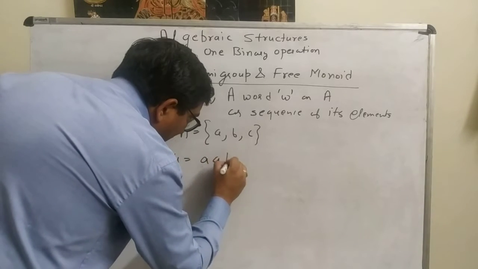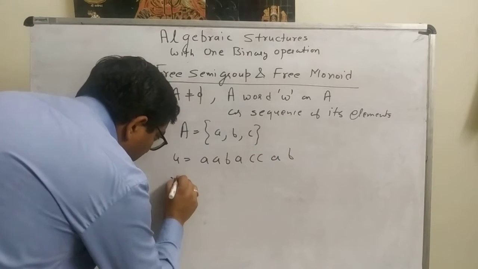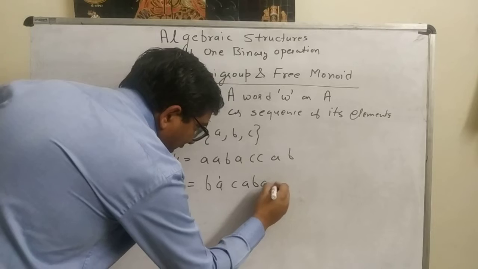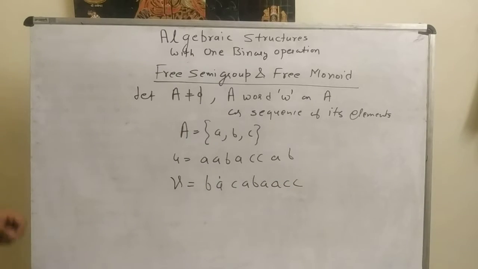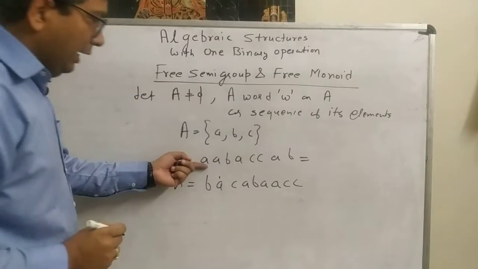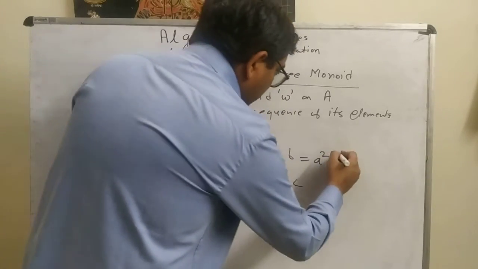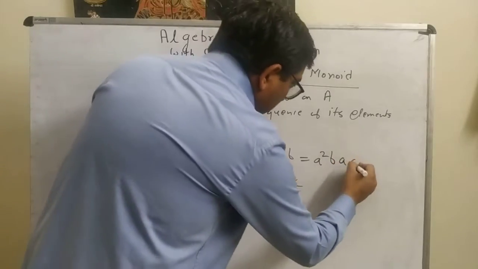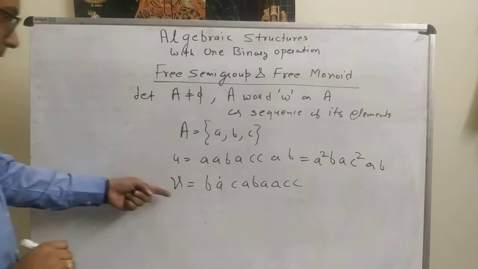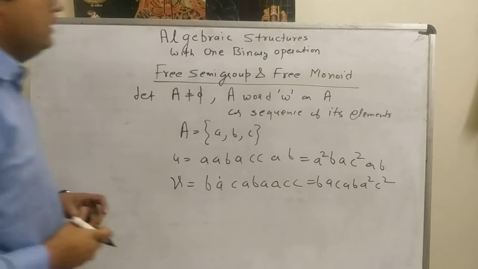Say U is A, B, A, C, C, A, B. And there is another word V, which is B, A, C, A, B, A, C, C. To simplify, we can write U as A square B A C square A B, and V as B A C A B A square C square.